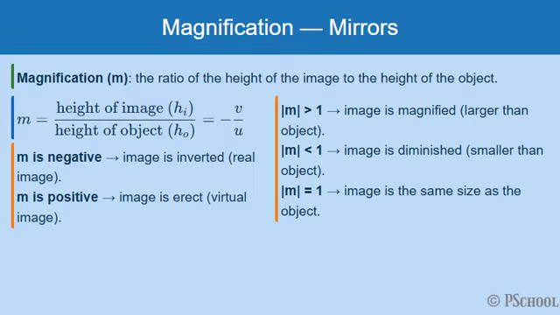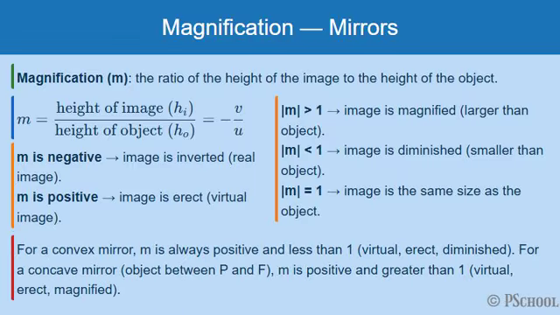If the magnitude of m is greater than 1, the image is magnified. The image size is larger than object. If the magnitude is less than 1, the image is diminished. The image size is smaller than object. If the magnitude equals 1, the image is the same size.